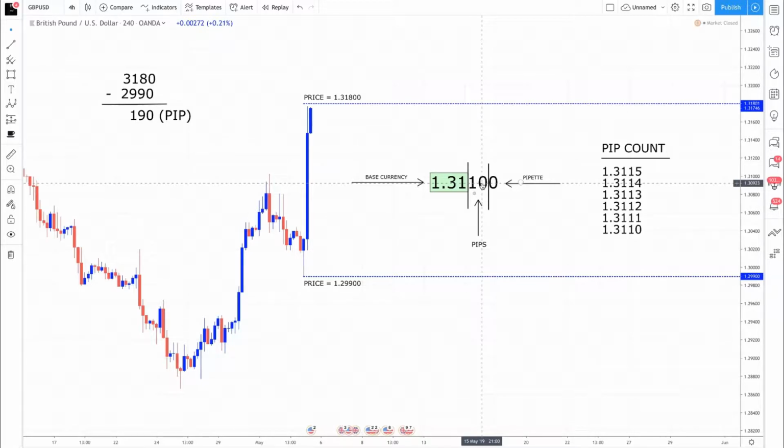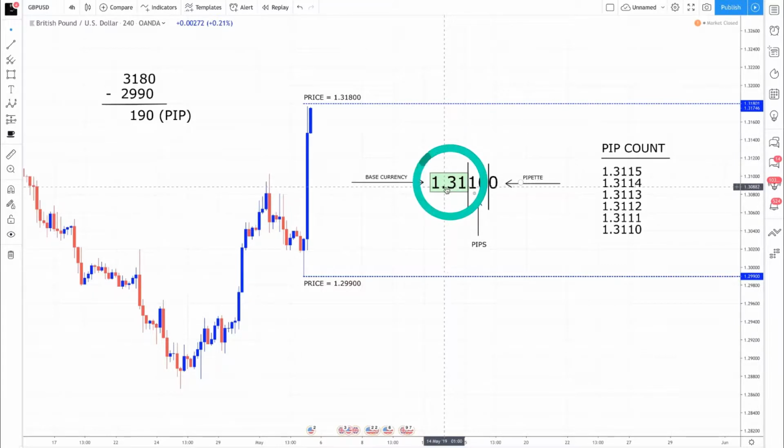Now, to better understand pip, let's break down what the price actually looks like and how to read it. Anytime we get a price, it is broken up into 3 parts. We have the base currency, which is the numbers before the decimal and the 2 numbers after the decimal. This is the base currency of exchange for the country that's getting traded.